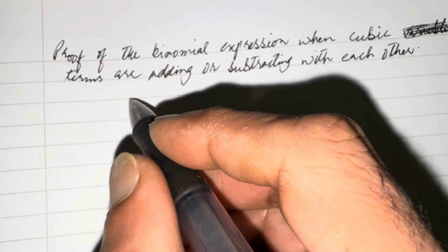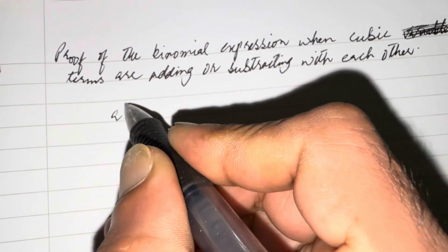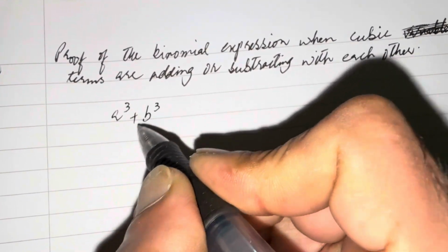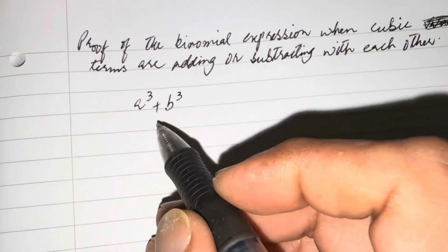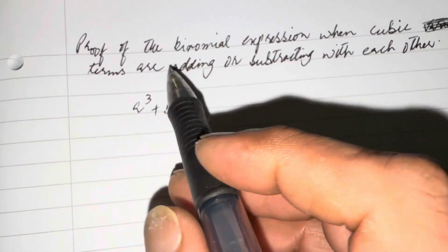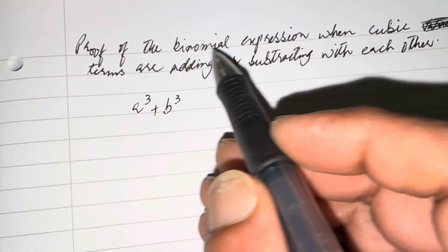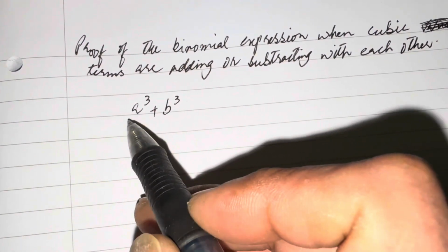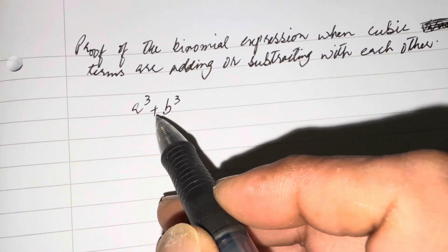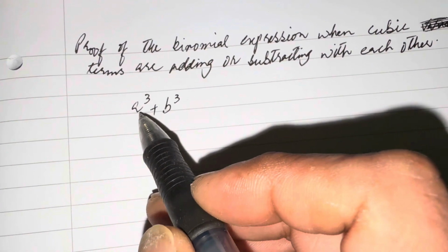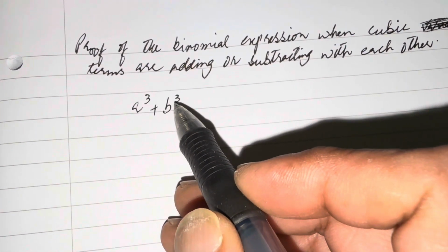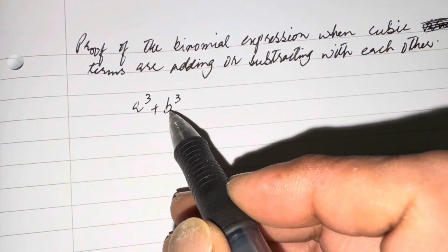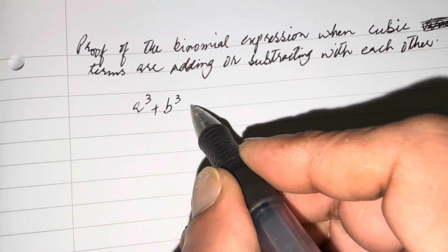I'm going to write down the formula that a cube plus b cube. So if you see the statement, that's the binomial expression where the two variables you can see here and they are in the cubic form. So when they are adding with each other, how can we write this formula?